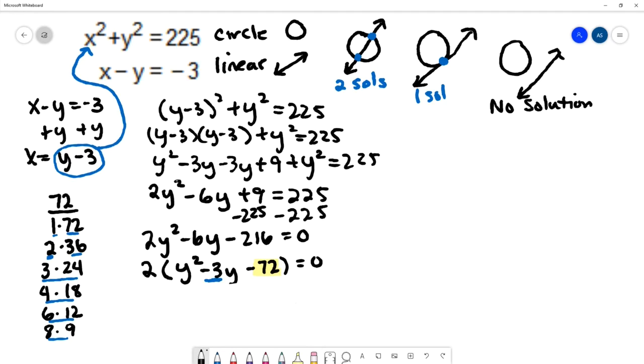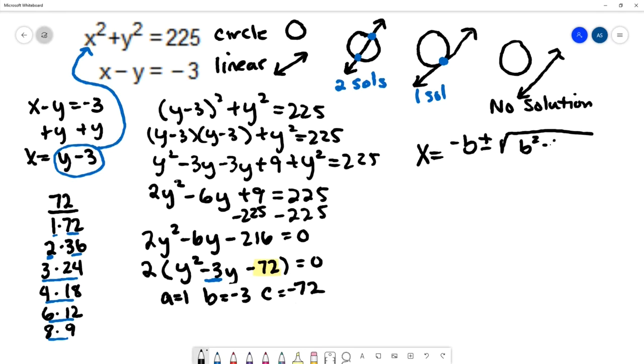So with the quadratic formula, we identify a as 1, b as -3, and c as -72. And we're going to plug into the quadratic formula. The quadratic formula is x equals -b plus or minus the square root of b squared minus 4ac all over 2a.